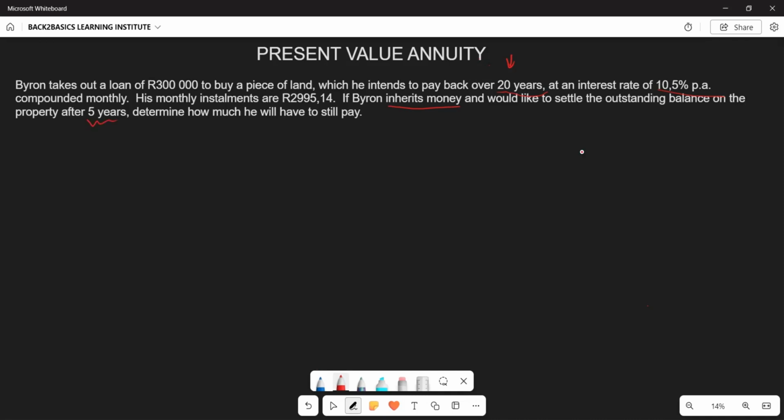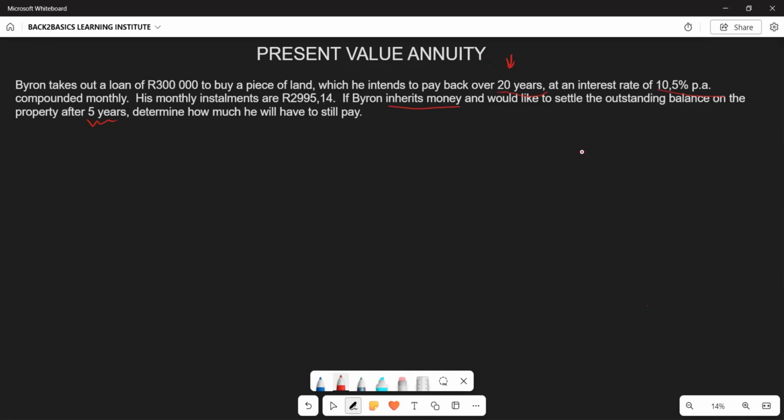So we firstly need to know how much money he needs to pay to settle the loan of the piece of land altogether, after 5 years.